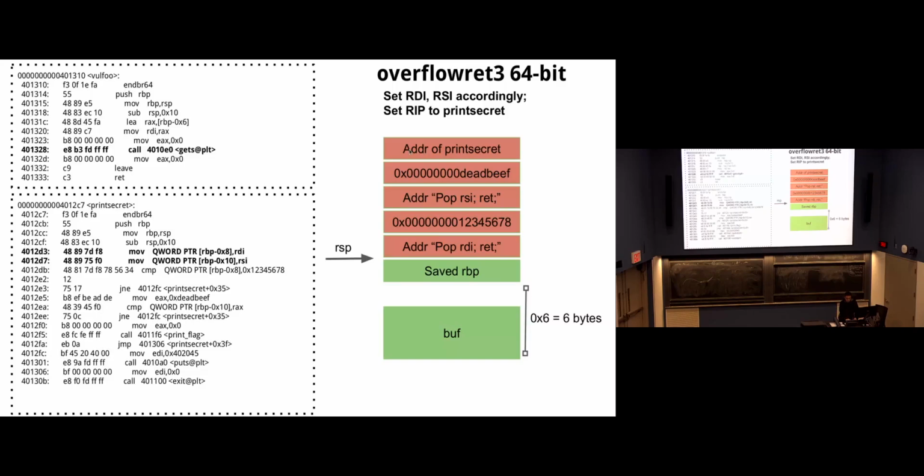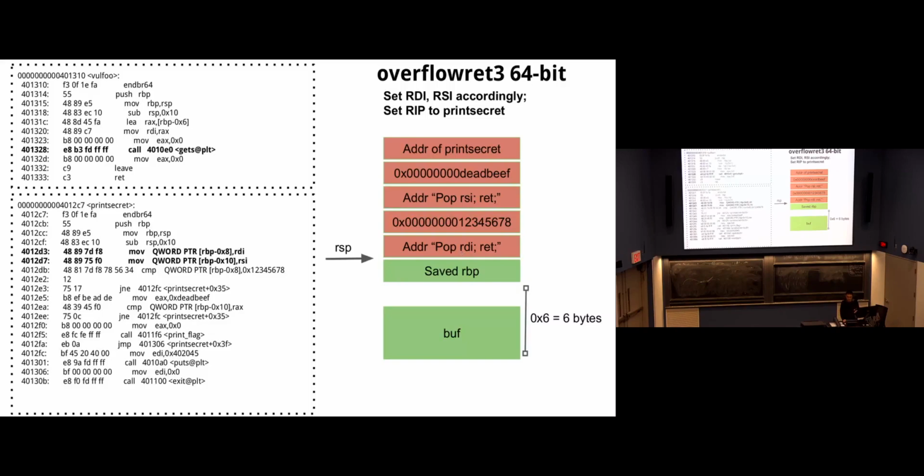We are about to execute the instruction return in valfoo. This is valfoo's stack frame. So at this point, RSP should point to the return address, right? Which we already overwrote. That's the return address we overwrote. So now we execute the return instruction.